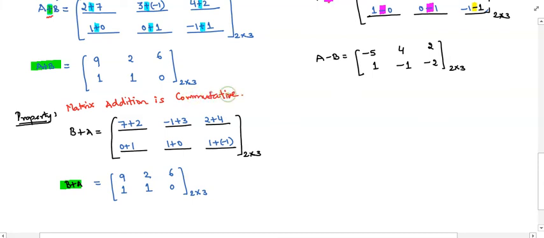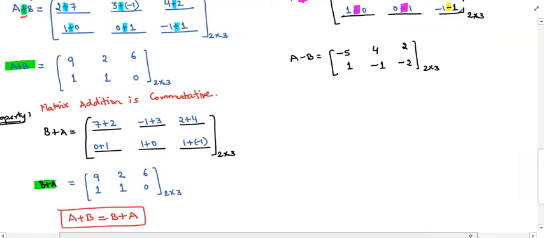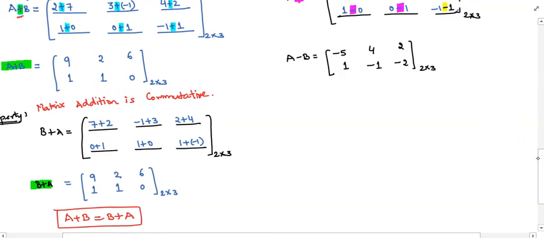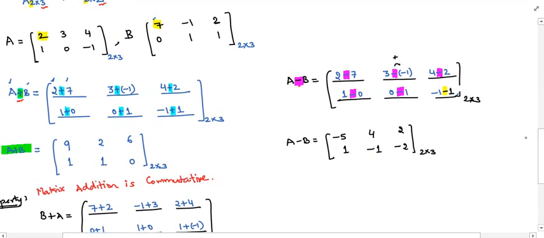So what does it mean? If you write A plus B or B plus A, it doesn't matter. It is same. So this is the commutative property. So let us check what will happen to this property in the case of subtraction.